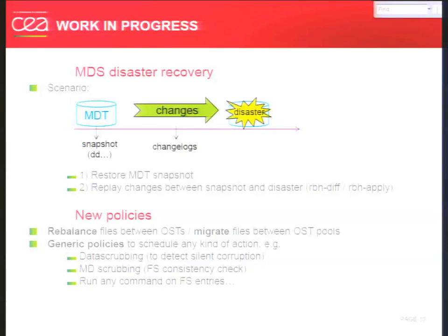And if something happens, you will be able to restore your MDT snapshot, and Robinhood will try to replay what has been lost since the last snapshot using two different tools which will be available, rbh-diff and rbh-apply. So rbh-diff will generate a kind of diff, a patch, between what is in the DB and what is in the file system. And with apply, you can try to go one way or the other way, depending on what you want to do.